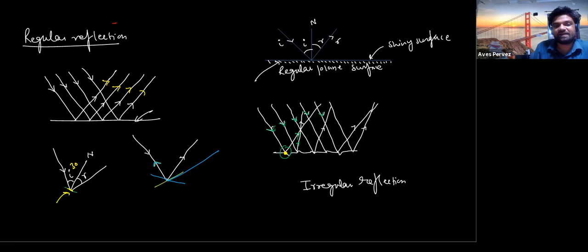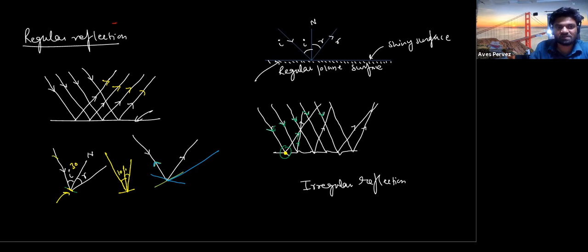But if there is another ray striking at a point where the surface is behaving like this, when I make the normal, let's suppose this is 10 degrees, so this will be 10 degrees.